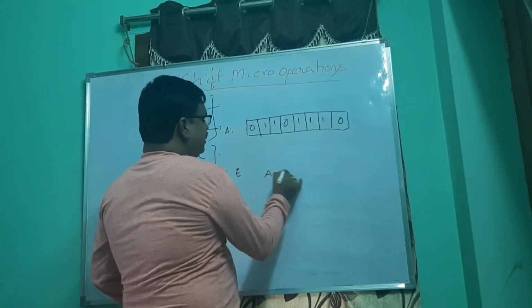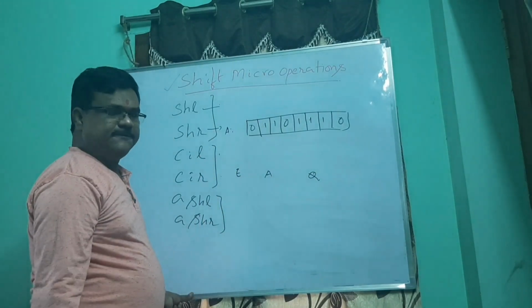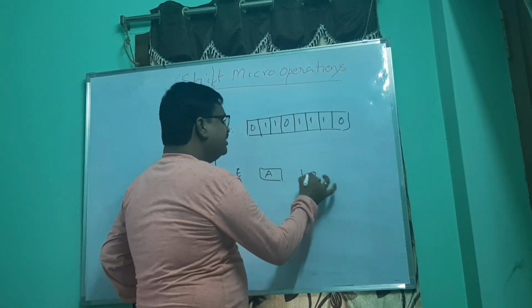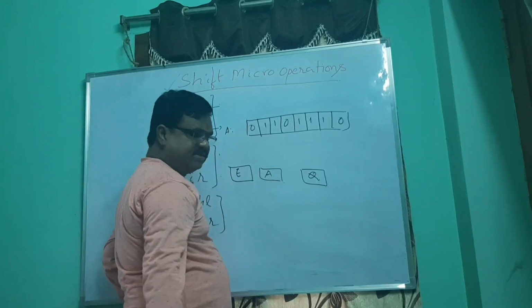E, A, Q in the division operation: A is the dividend, Q is the quotient, E is the end carry or something else.